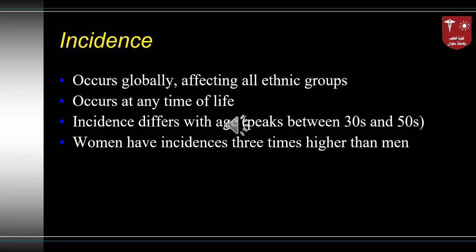No one is immune regarding rheumatoid arthritis. Rheumatoid arthritis can affect all age groups and all ethnic groups. It is a global disease, but there is a higher incidence rate among certain age groups, between 30 and 50 years, and women are affected 3 times more than men.